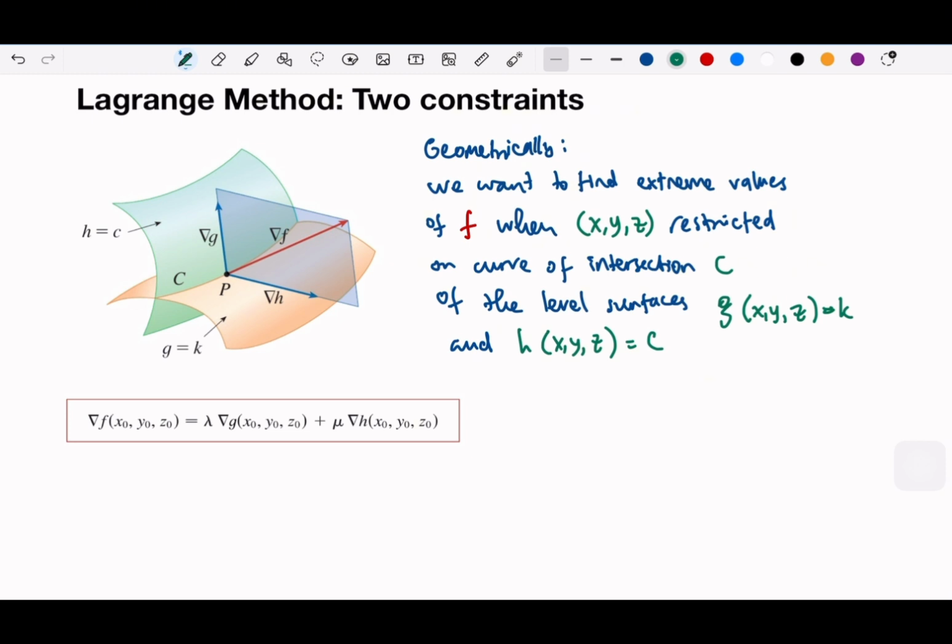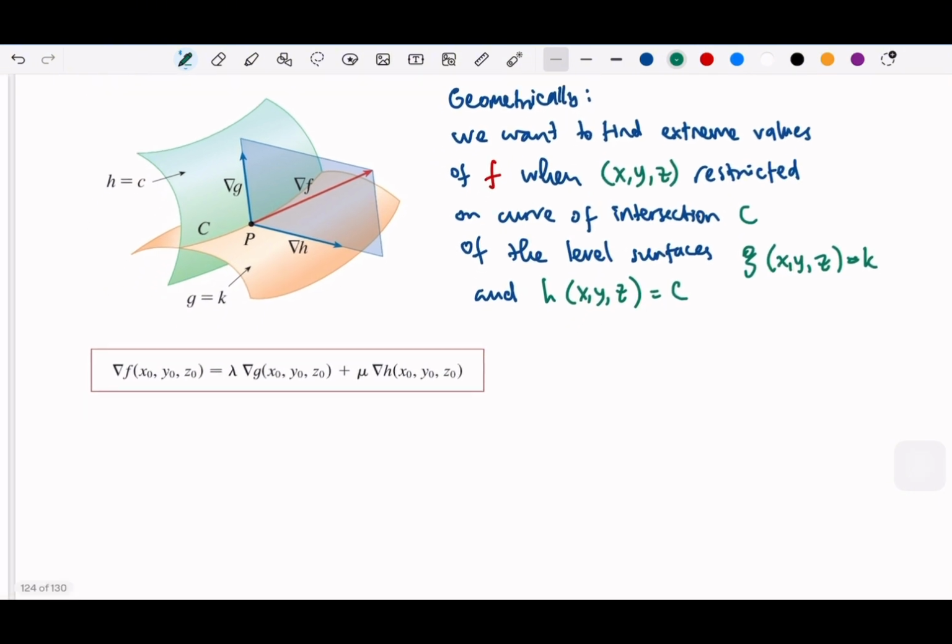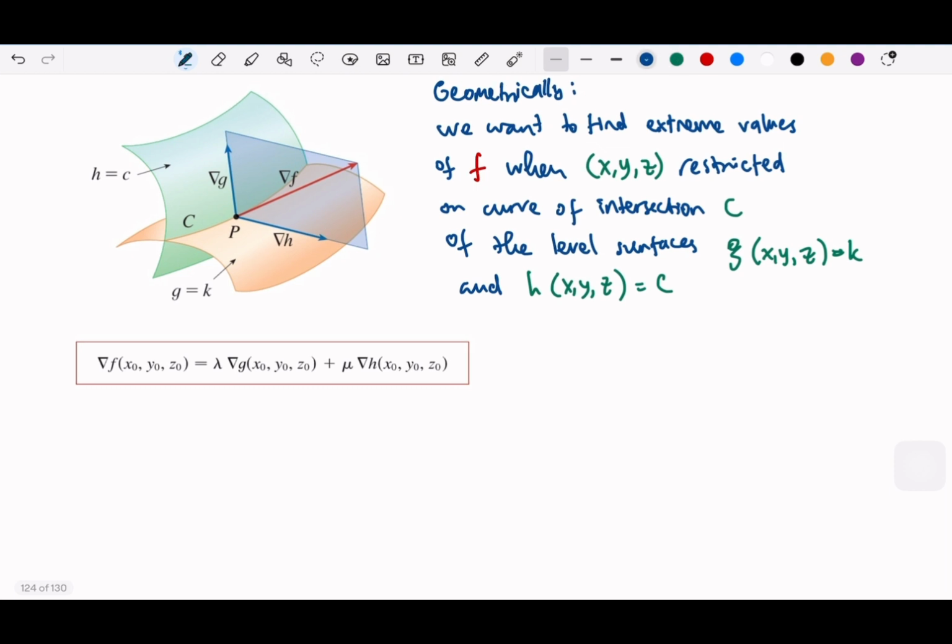And at this moment, we are going to see that del f is orthogonal to C at P. So right here, del f is orthogonal to C, and del g is also orthogonal to the level surface g, and del h is also orthogonal to its level surface.